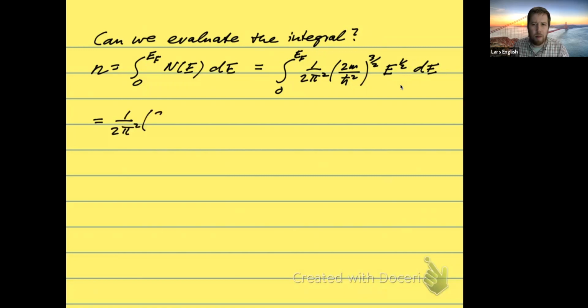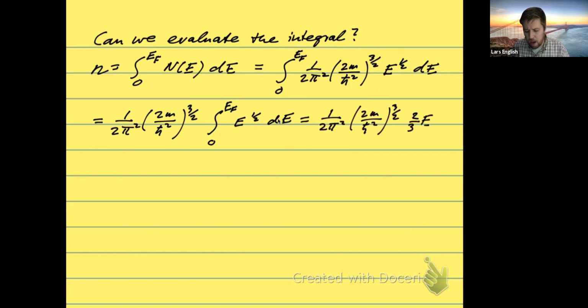And so now we can pull out all kinds of constants from the integral, and we're left with a very simple integral that everyone can do in their sleep. It's basically the integral of square root of E dE, and we get obviously 2/3 times E to the 3/2, and we have to evaluate that from 0 to the Fermi energy.